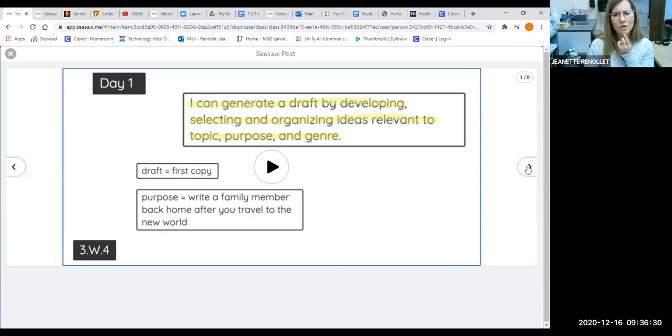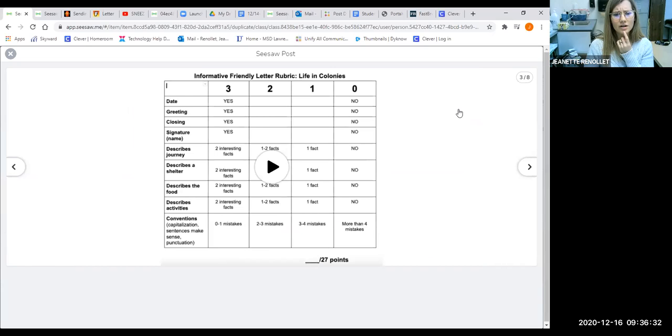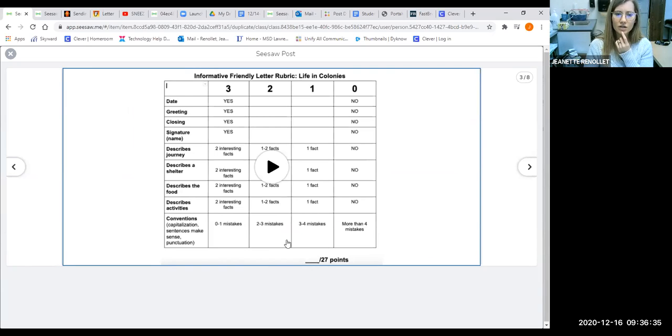If you forget what's supposed to be in your letter, you can click back to the rubric. These are all the things that your letter should have. You should describe the journey. How did you get there? What was it like? You should describe a shelter. What kind of homes have we built?